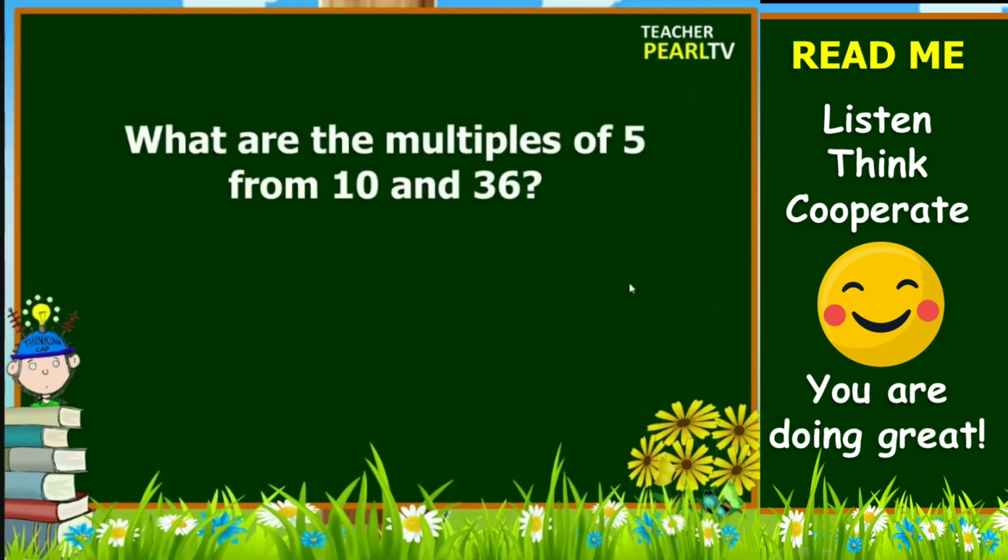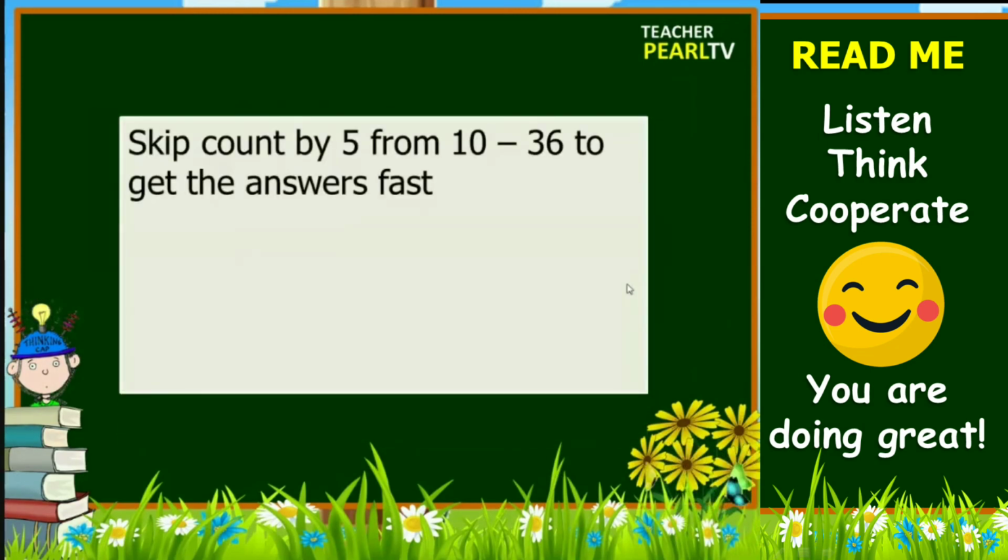Next, what are the multiples of 5 from 10 and 36? So, we skip count by 5 from 10 to 36 to get the answers fast. So, what do you think are the answers? We have 10, 15, 20, 25, 30, and 35.